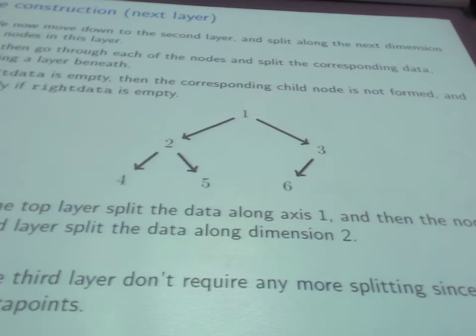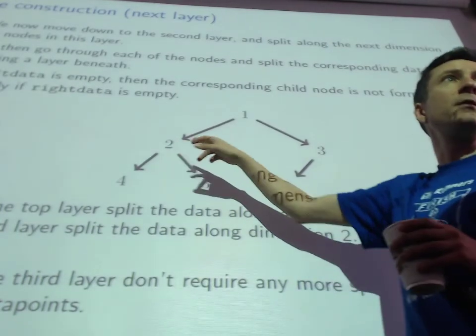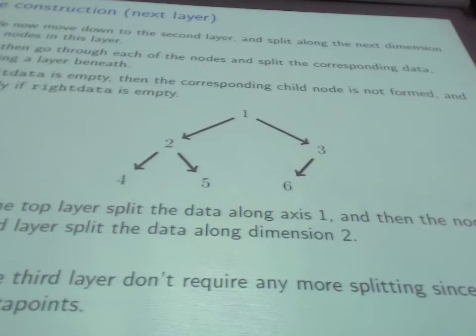If you were to use something like the median value, half are going to be on the left and half on the right. So at each point you're left with half of the data you had in the parent. So there are going to be at most log 2 of the number of data points layers in this procedure.